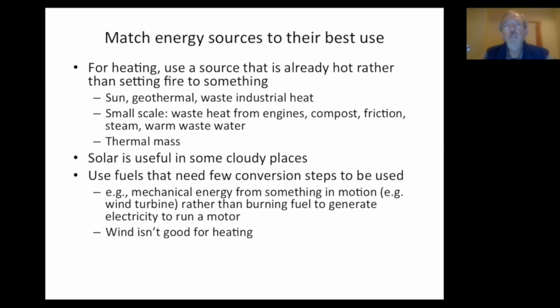And then on the other end, that current is turned back into heat in your radiant electric space heater. It's crazy to do it that way. This is where these high density fuels, including wood, make a lot of sense to use. And same with mechanical energy. If you've got something that's spinning or moving, then hook it up.